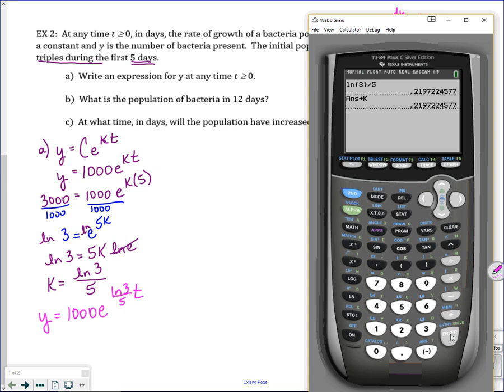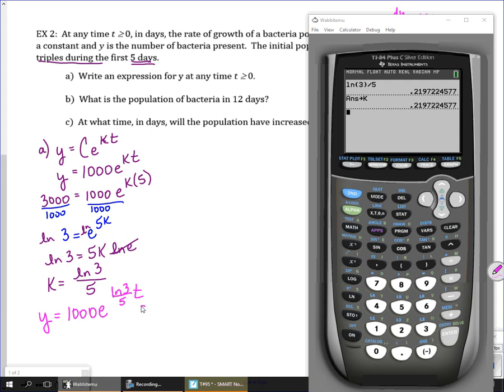And I want to be very clear of what your equation is. You either write ln of 3 over 5. Again, you can write it to 3 decimal places on your paper, but make sure that you use the whole value in the equation when you're using it.